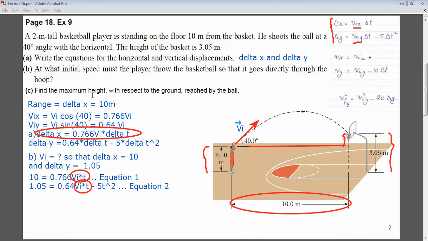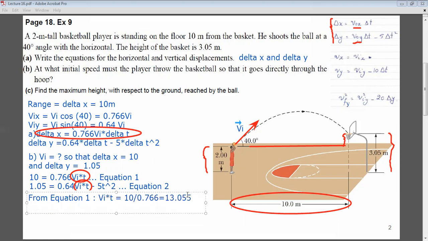So from equation 1, v initial t is equal to 10 over 0.766, and this is equal to a number, 13.055. This is from equation 1.